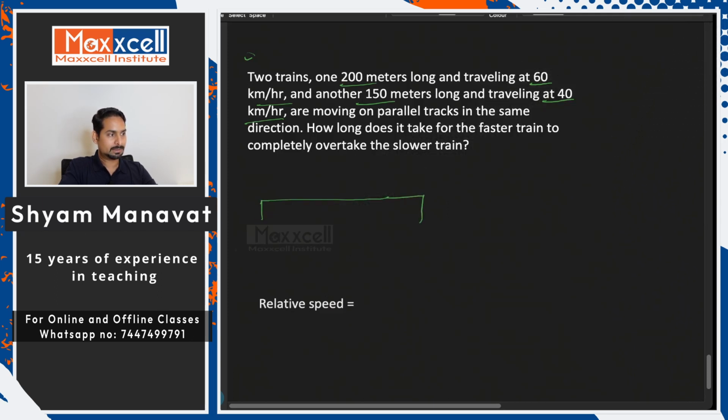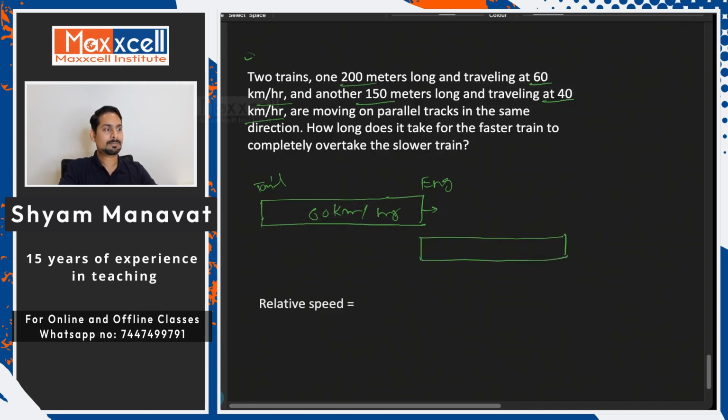The faster one is trying to overtake the slower one, so we have to consider the faster one is like this: engine and tail, the last coach, and the speed is 60 kilometers per hour. And the slower train is here. Why are we drawing the slower train ahead of the faster one?